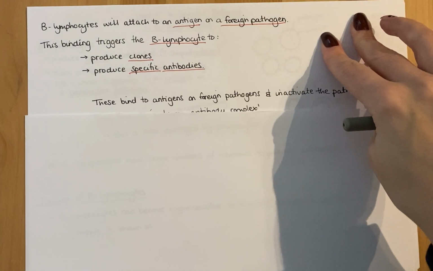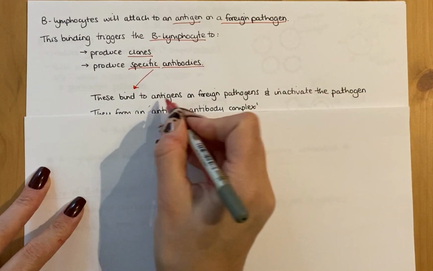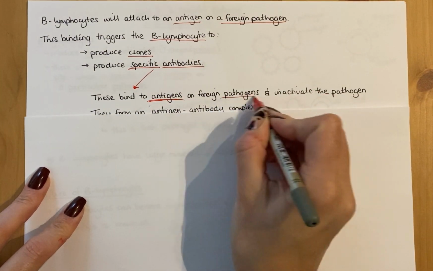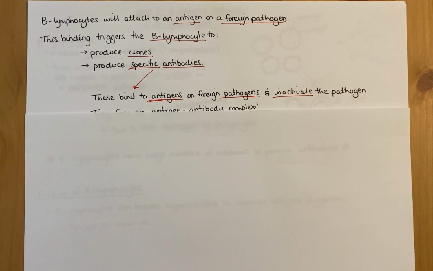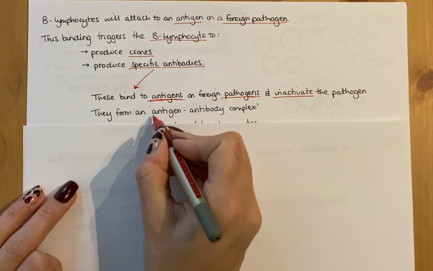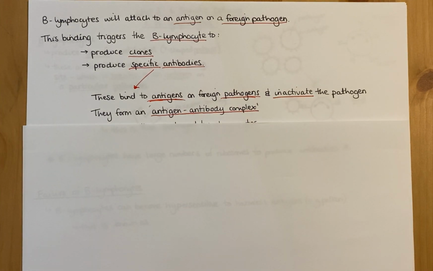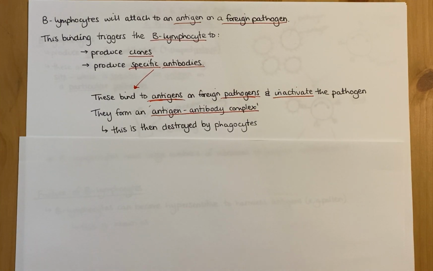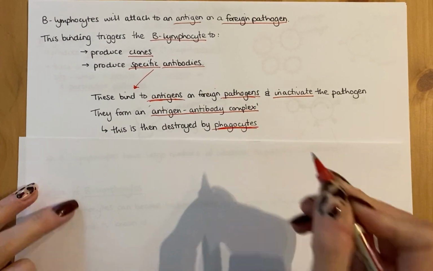These antibodies then bind to antigens on that foreign pathogen, and then they inactivate them. They basically render them useless. They stop them from being able to work. And they form an antigen-antibody complex, where the antigen and the antibody bind together. That complex is then destroyed by phagocytes.